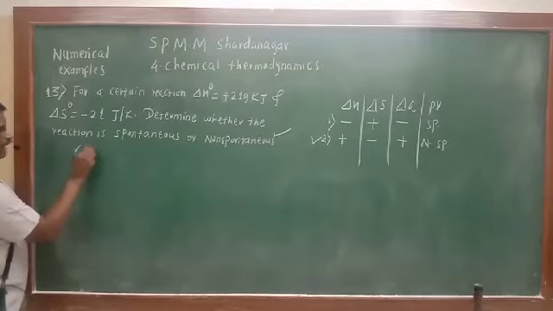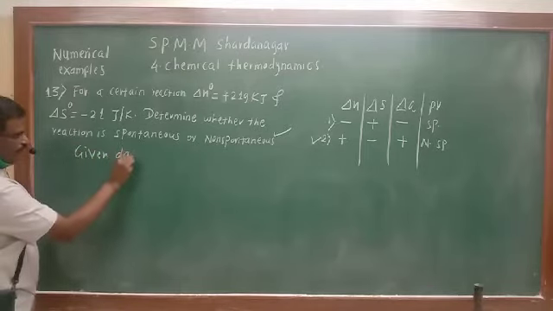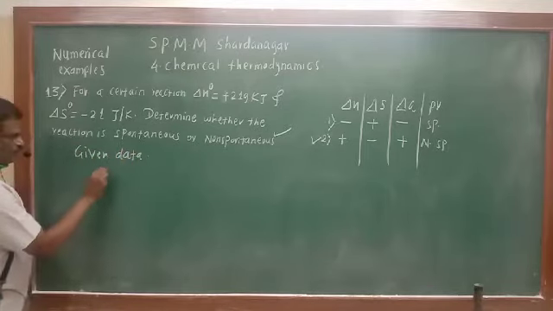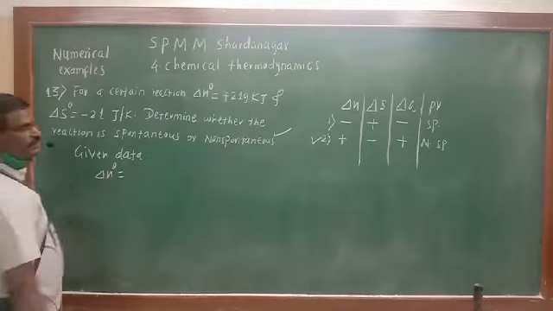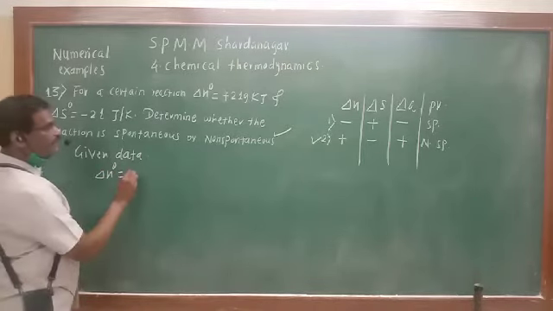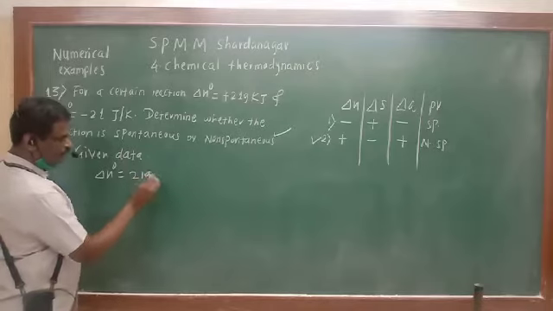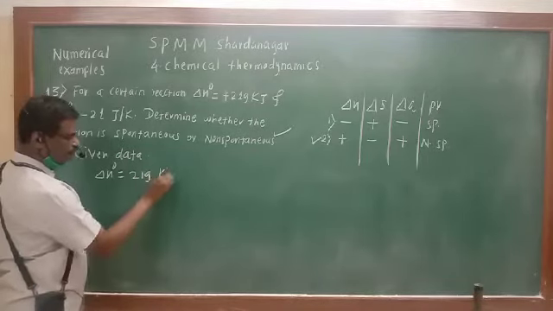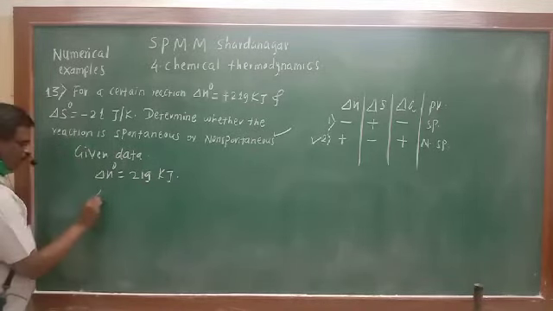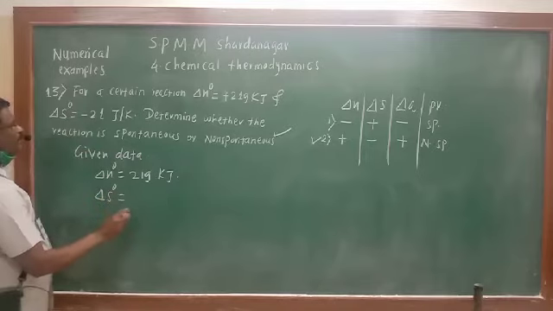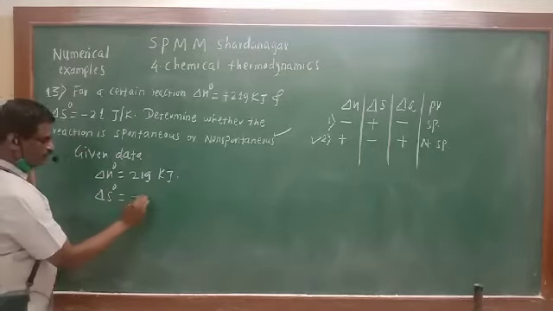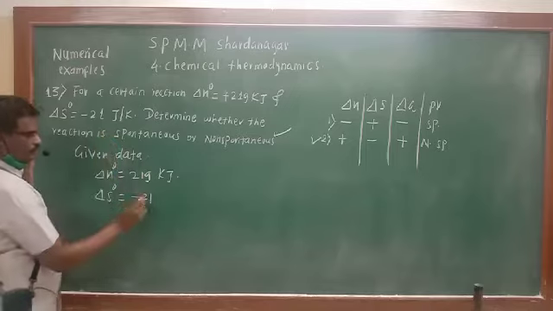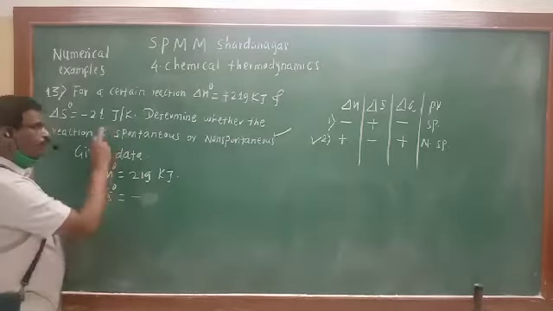Here given data for this problem is, they have given delta H under standard conditions, it is 219 kilojoule. Then delta S0 under standard conditions minus 21 joule.